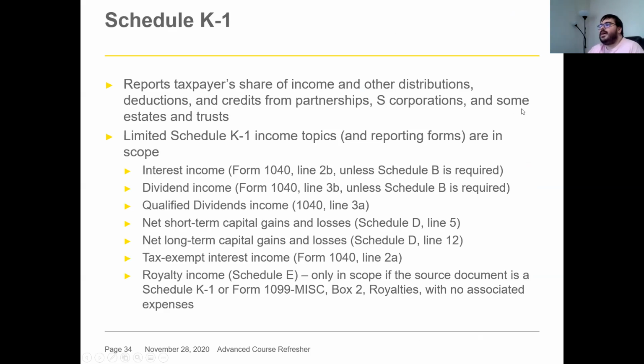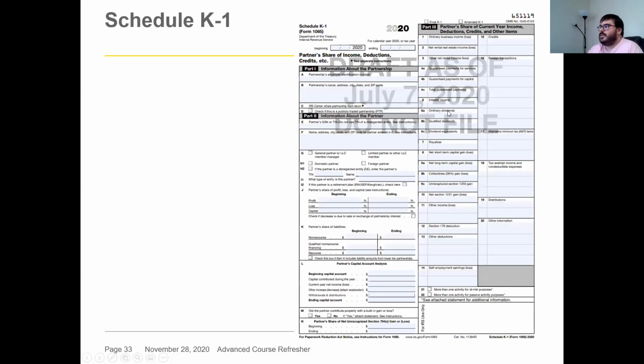Again, it's very limited for us, so we can deal with it if there's interest income, dividend income or capital gains, and we can also deal with royalty income only if there's just income and no associated expenses. If it goes into ordinary business income and rental real estate income, then we cannot deal with it.